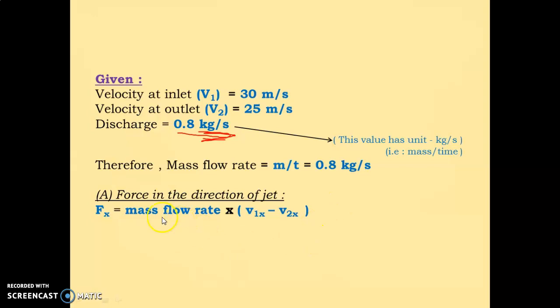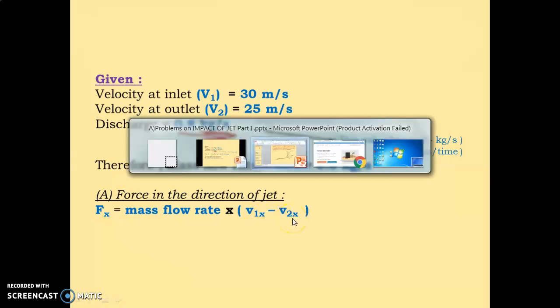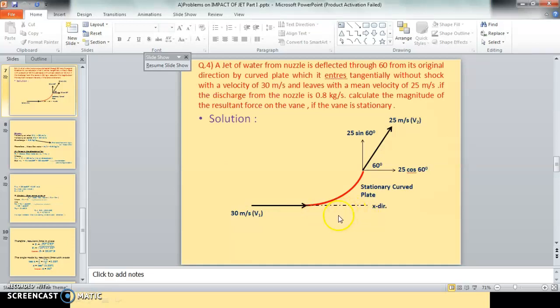First we'll find out the force in the direction of the jet, Fx. It is mass flow rate times the initial velocity in the x direction minus the final velocity in the x direction. The initial velocity in the x direction is 30 meters per second. The final velocity after the jet exits the plate, in the x direction, is 25 cos 60 degree.